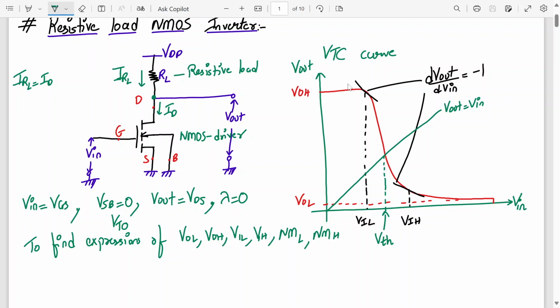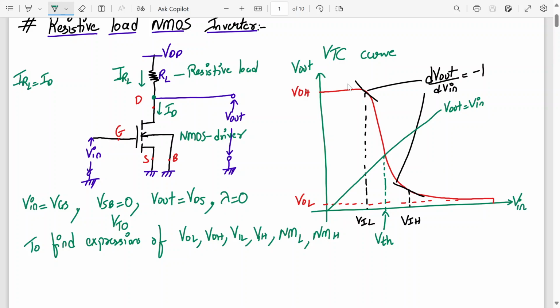Alright, so can we start with the actual derivation, that is the expressions for VOH, VOL, VIL and VIH. Last time we also worked with numbers and justified in which region the NMOS driver is operating. So can we start now?